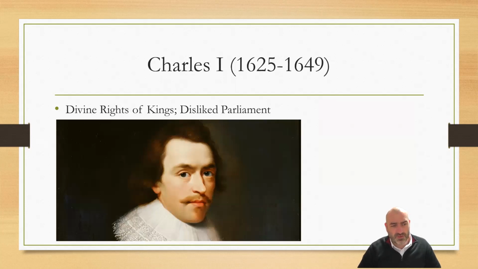King Charles I was a difficult ruler. He wasn't very popular, and he wasn't very effective as a king. He presided over a lot of large foreign policy failures, and he disliked Parliament, so he disliked the government, and he suspended Parliament twice.